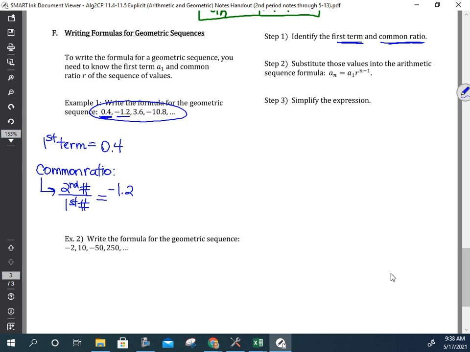So negative 1.2 divided by 0.4 is negative 3. So each of these numbers is being multiplied by negative 3. So that's your first term, that's your common ratio.